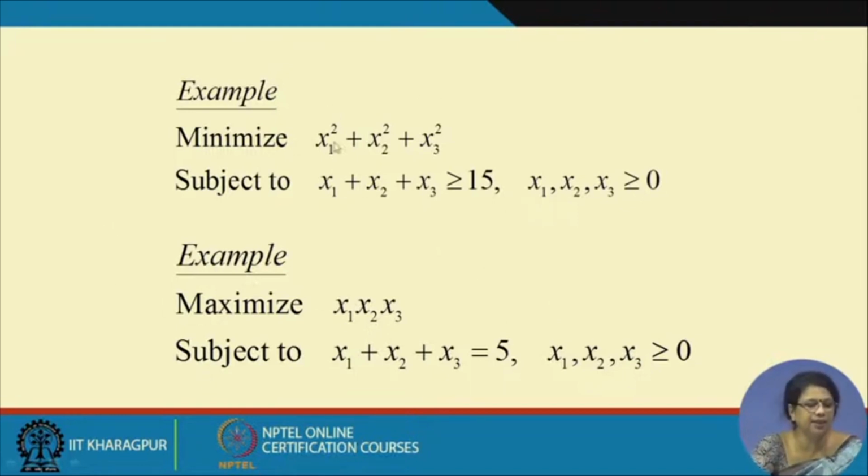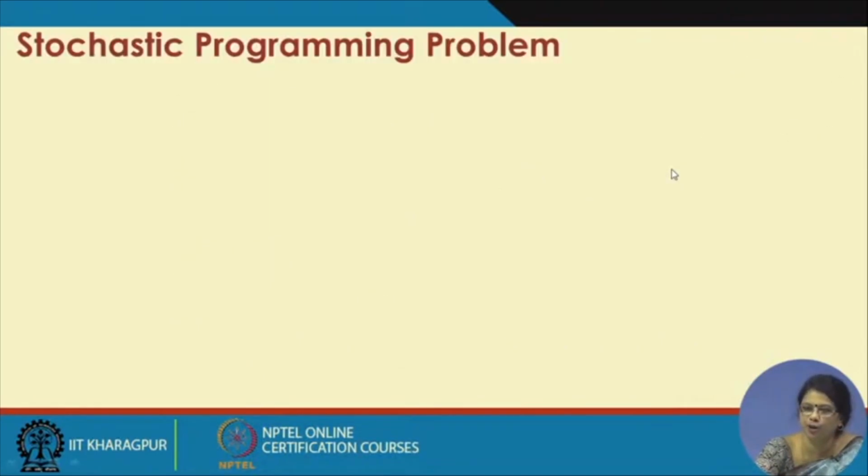Another thing we can do in separable programming is approximate a nonlinear function with linear approximations and handle it as a combination of linear programming problems. There is a different technique to handle separable programming problems that you need to learn in nonlinear programming. These are all the varieties available in front of us.